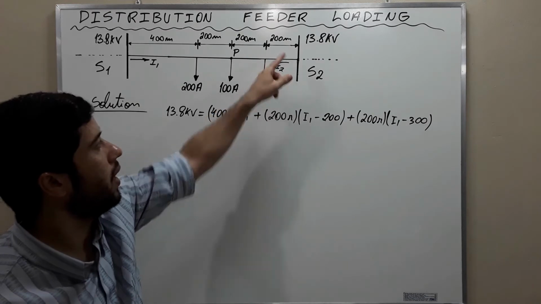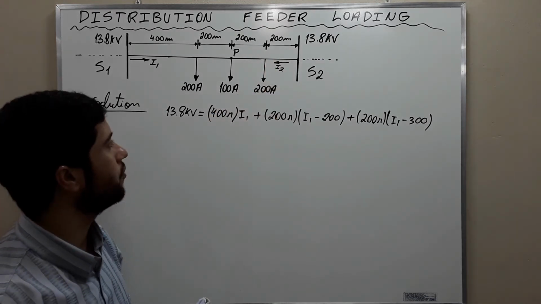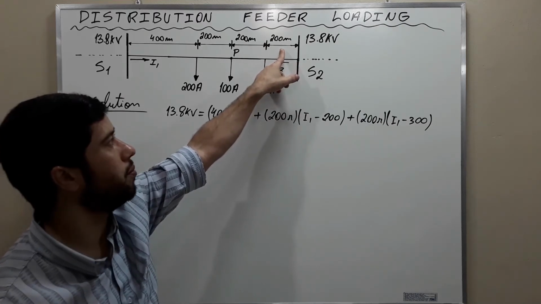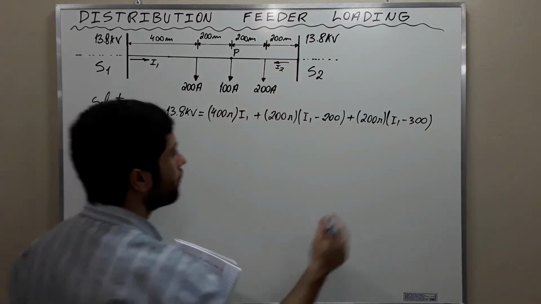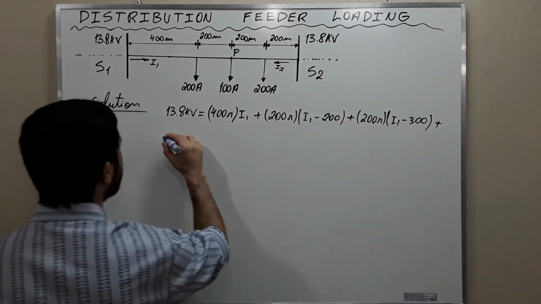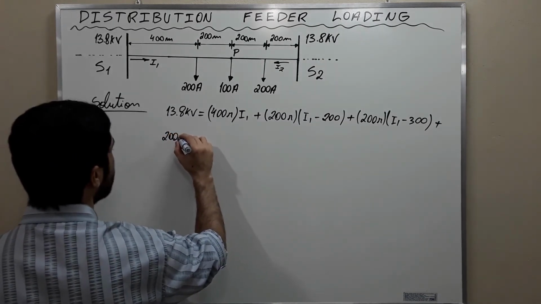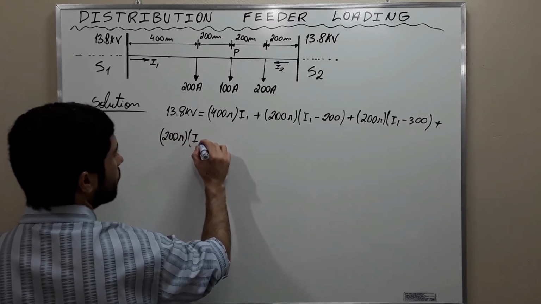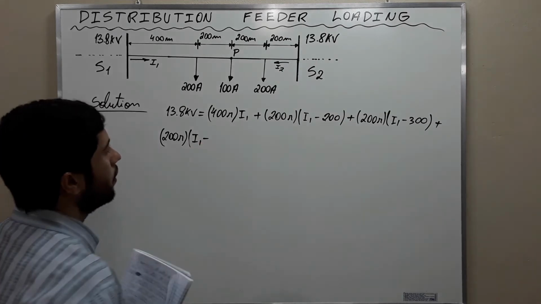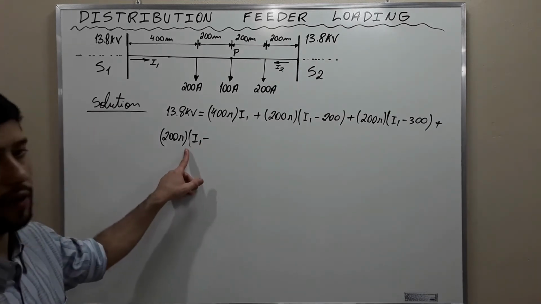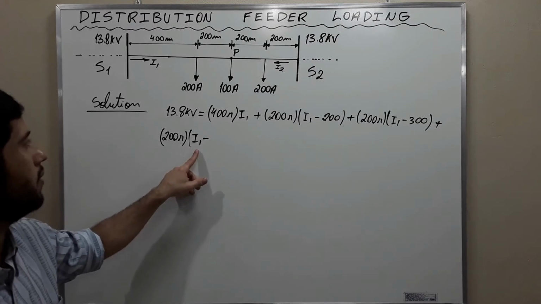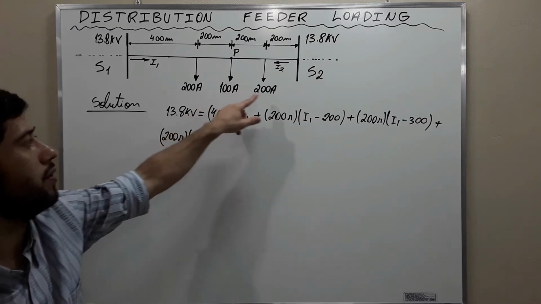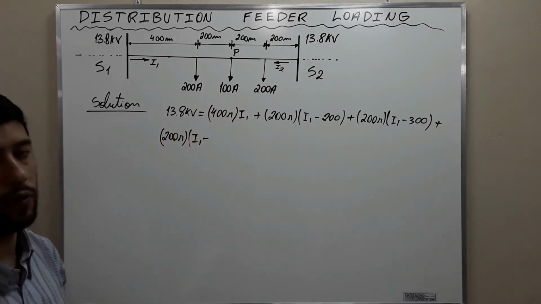And the voltage drop along the last segment is going to be 200 meters times the resistance per meter, times the current, and the current is I1 minus this part 200, this part 100, this part 200, which is I1 minus 500.